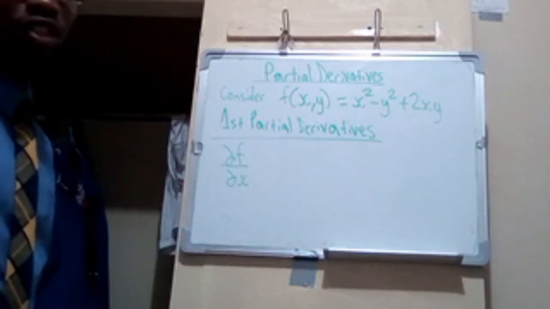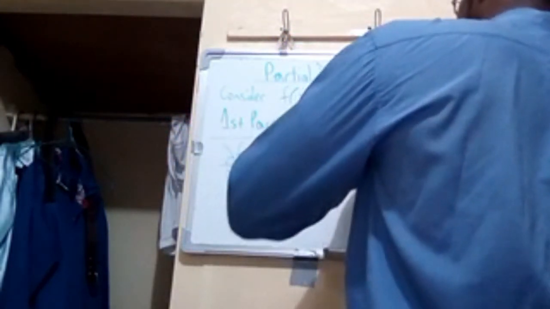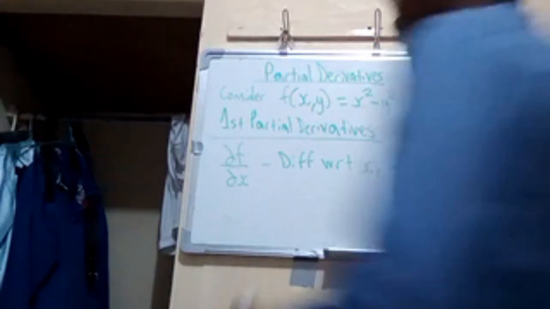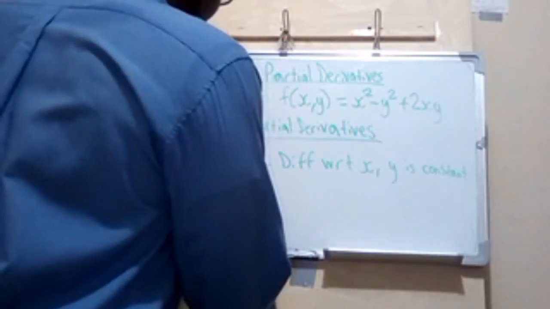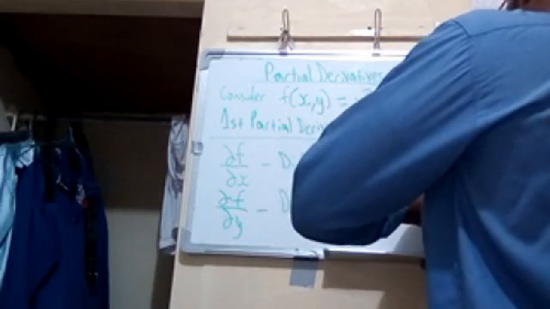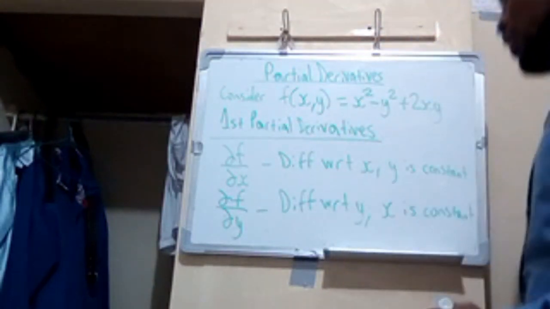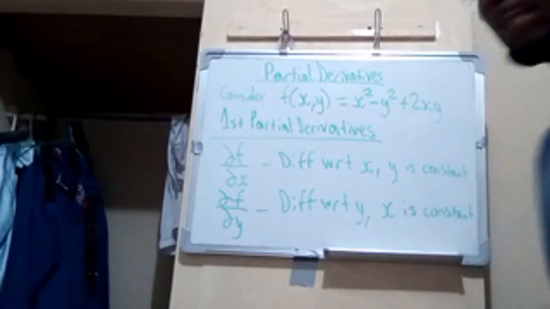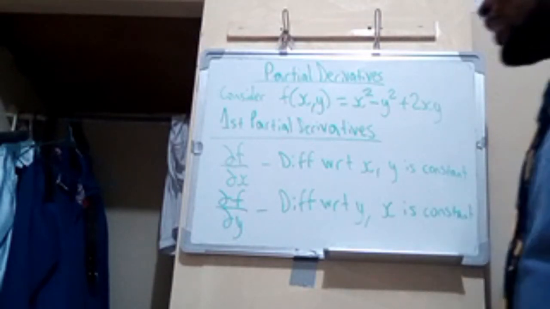This means we differentiate the function with respect to x, and y is constant. Then we have del f upon del y. This means we differentiate with respect to y, and x is constant. These are known as the first partial derivatives of our function f of xy.